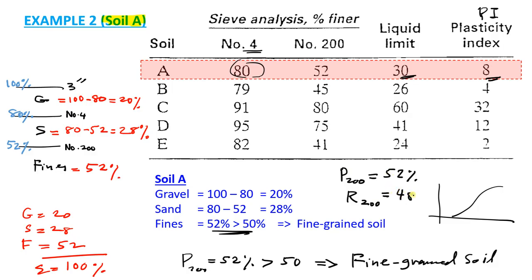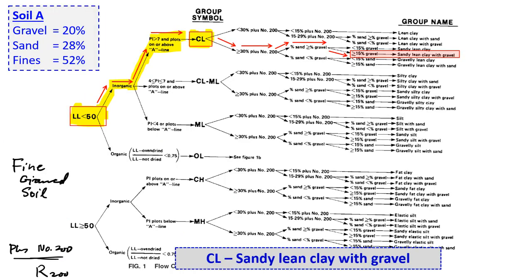So 48% of the soil is going to stay on this sieve, and 52% is going to pass through this number 200 sieve. So retained is 48%. Because in this case retained 200 is 48%, and this 48% is going to be more than 30, we are going to go on this line.